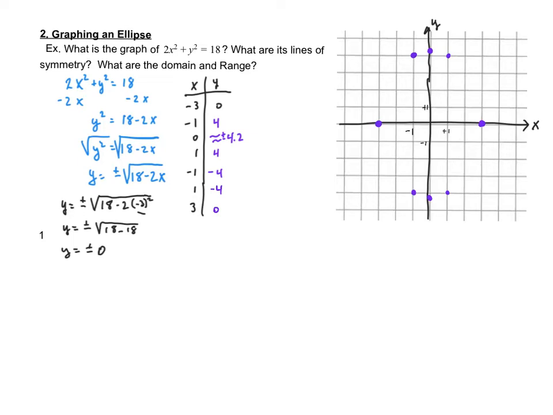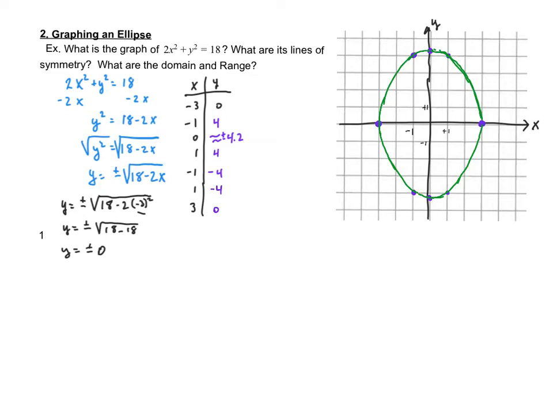So these are the values that I've graphed, and again, we're going to connect them with a smooth, curving line. All right, so there we have it. Again, I got some points that were very easy to plot and graph.